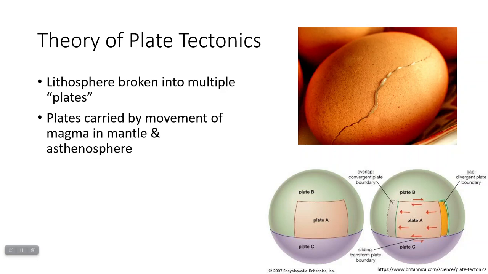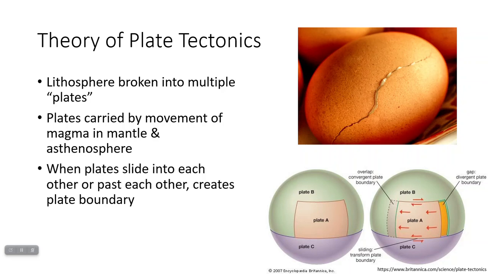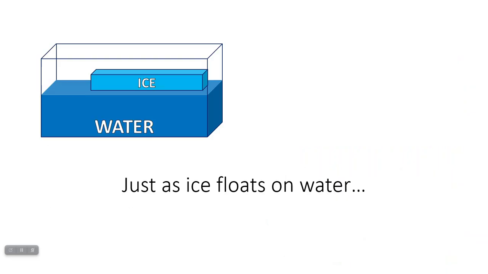And so these plates that are making up the lithosphere are moved around because they float on top of the layer of magma in the mantle and the asthenosphere. And that movement of plates lets them slide either into each other or past each other or away from each other. And that creates plate boundaries. Plate boundaries are where some of the more interesting things tend to happen as far as surface features of the earth. And we're going to talk about that when we talk about each of these types of plate boundaries.